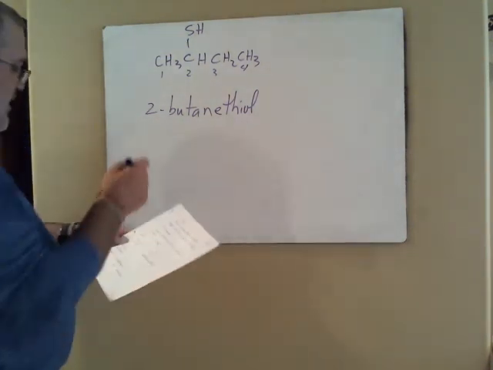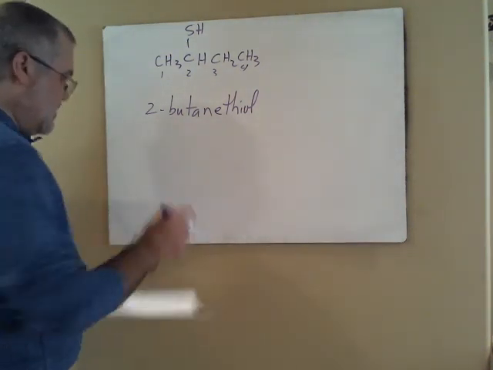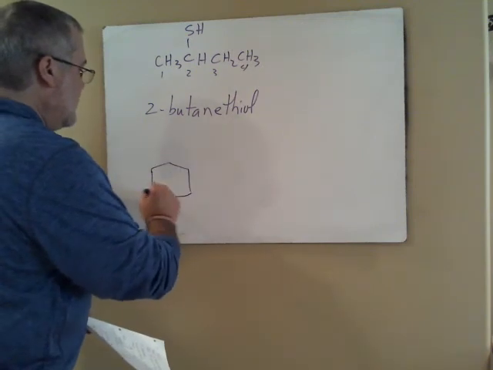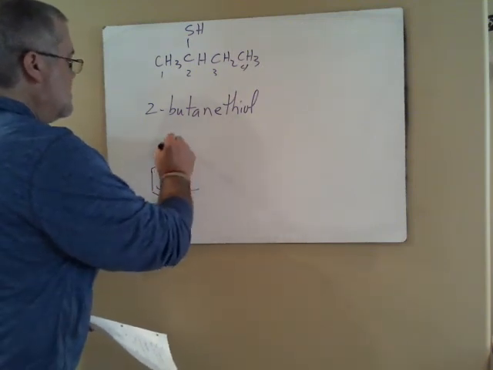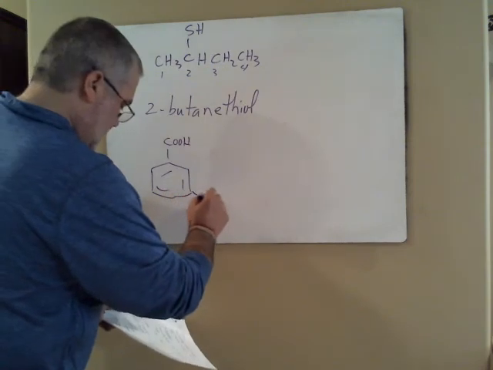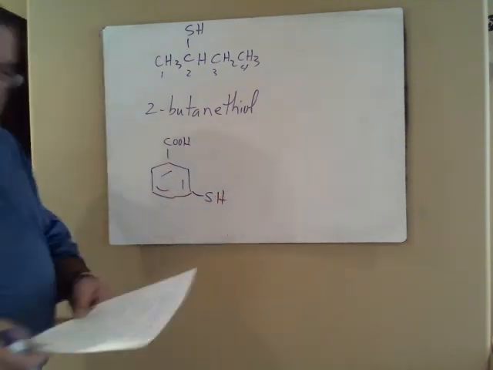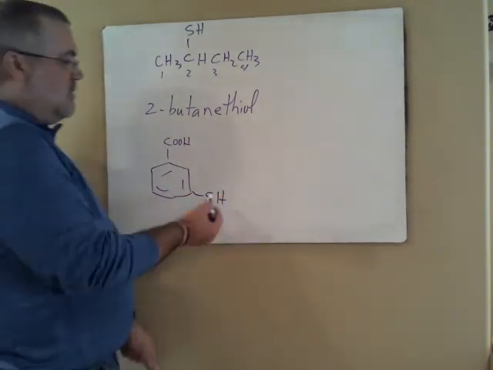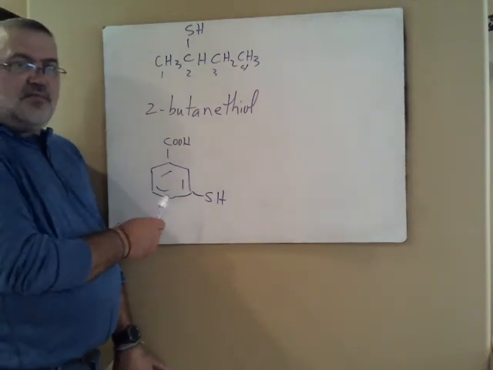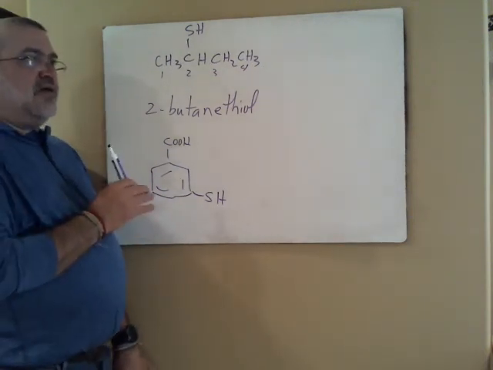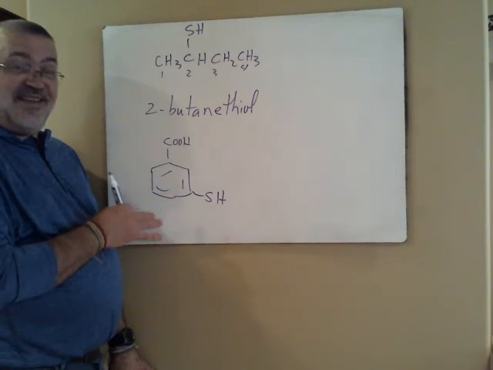Now the only thing that's left then is what about if it's a substituent? So let's say you're naming your compound and you have SH as a substituent. The substituent name for a thiol makes no logical sense.